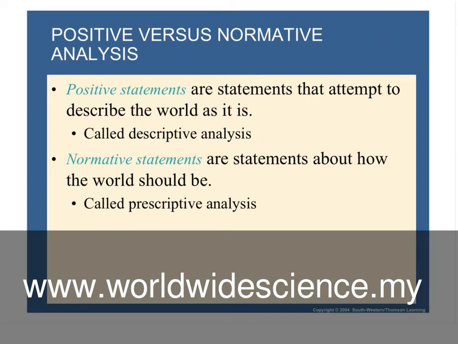Positive or normative statements? The income gains from a higher minimum wage are worth more than any slight reductions in employment. So this is not done, but they say we should. They say the income gains from a higher minimum wage are worth more than slight reductions in employment. So they say we should have a higher minimum wage.